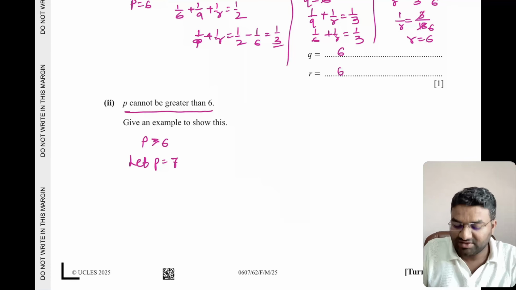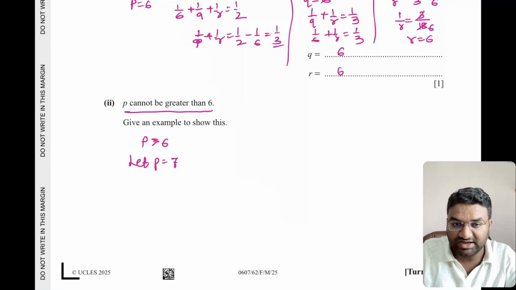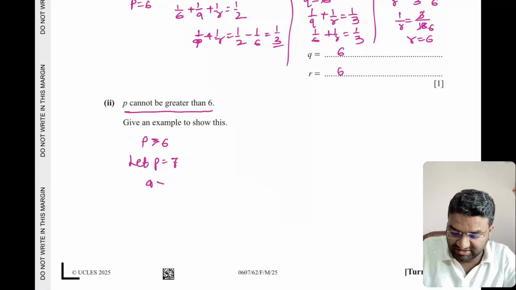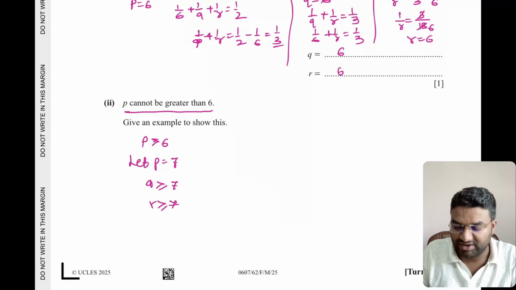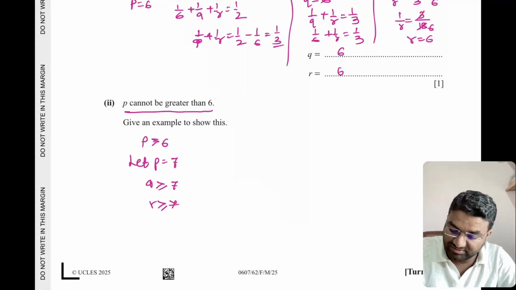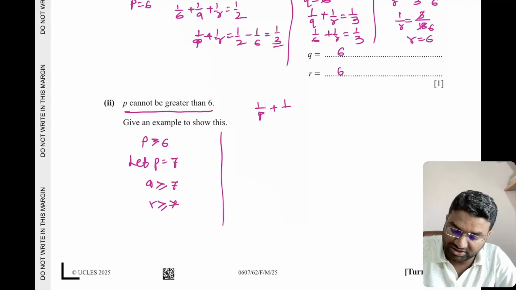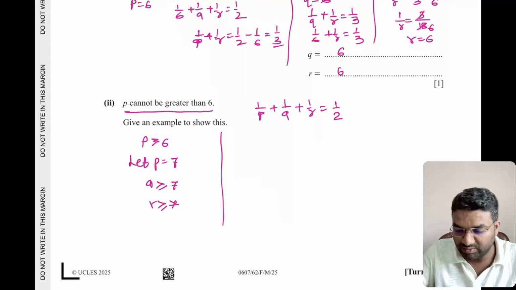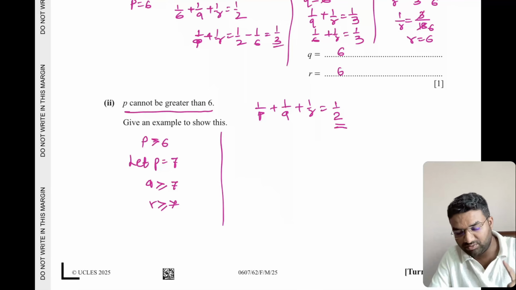So here our condition is that q is also greater than or equal to 7, and r is also greater than or equal to 7. If we substitute in our formula, 1 upon p plus 1 upon q plus 1 upon r must be equal to 1 upon 2. We will check whether the right hand side gets 1 upon 2 or not.